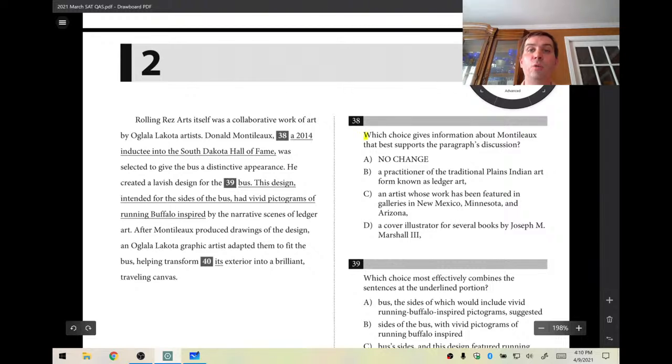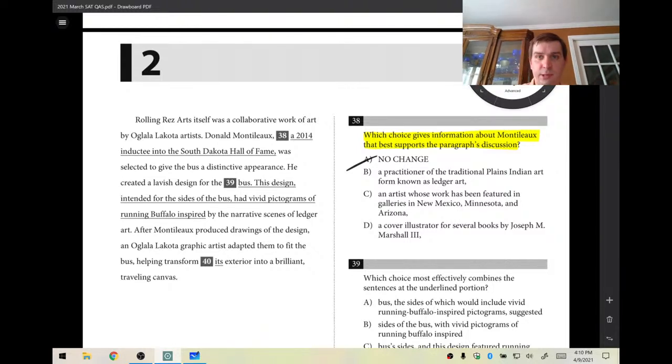We need which choice gives information about Montello that best supports the paragraph discussion. Do we care that he is a Hall of Famer? No, that lacks relevance. But what does the paragraph discuss? This.